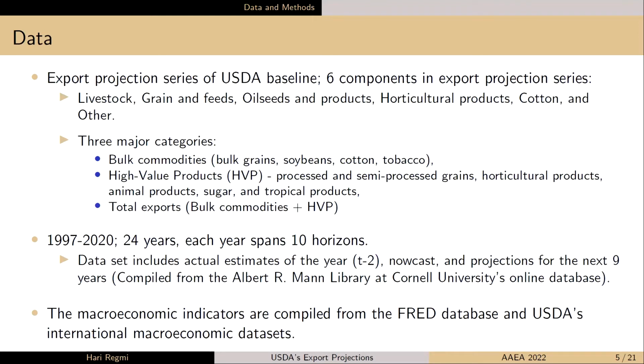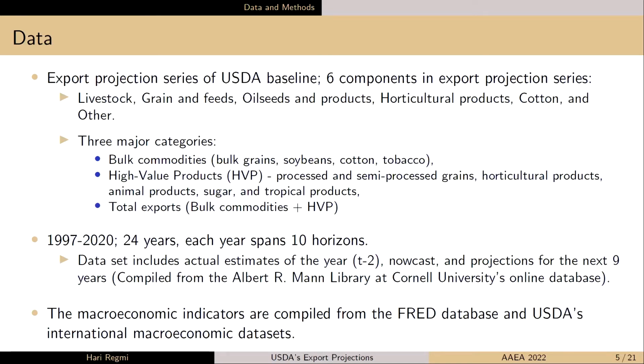In this study, I'm going to focus on 3 major categories. The first is bulk commodities projection, which includes bulk grains, soybeans, cotton, and tobacco. The second is high value products, which include different processed and semi-processed commodities, horticultural products, processed animal products, sugar, and other tropical products. And the sum of high value and bulk commodity projections is total exports.